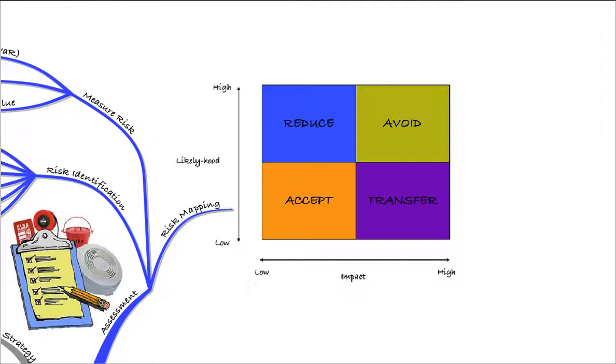So low impact risks that are less likely to happen, so there's a low likelihood of them happening, we might just accept because they're not going to have much effect on us. If we have low impact risks that are highly likely to happen, well, we'll try to reduce those through internal controls. High impact risks that are unlikely to happen, we will transfer through insurance, for example. And high impact risks that are highly likely to happen, we should try to avoid.